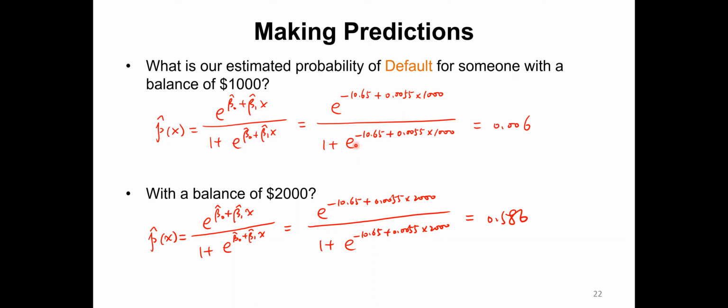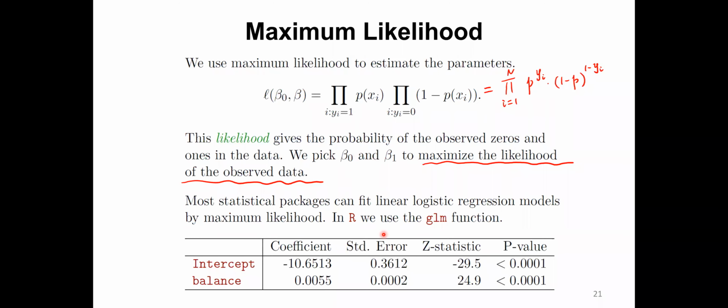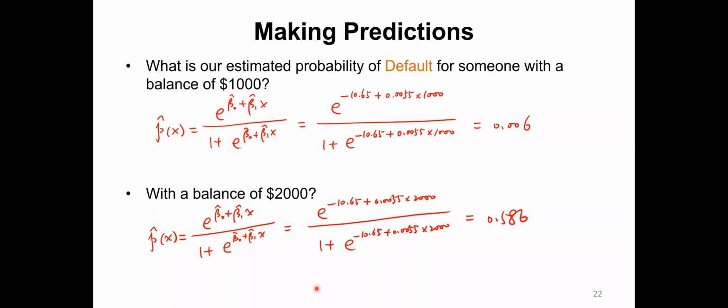Now you put the values in, because beta 0 is minus 10.65 and beta 1 is 0.0055, times 1,000. So the probability is only 0.6%. With a balance of 2,000, the probability of default is 58.6%.